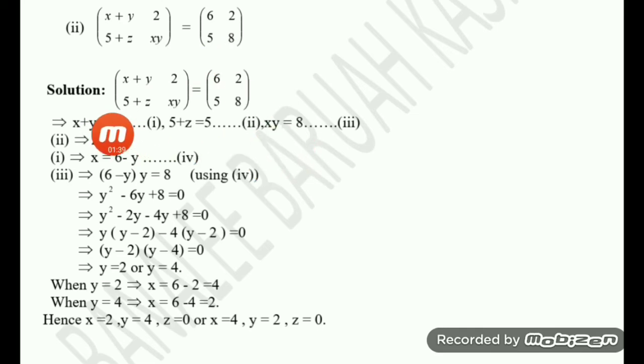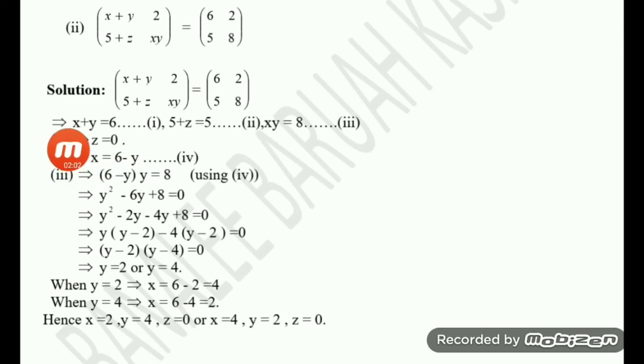So here if you see, these are now ordinary equations, so ordinary equations can be solved. First you see, equation number 2 is simple because it is an equation containing one variable. So it can be solved. If I bring this 5 to the right side, z will be equal to 5 minus 5, which is equal to 0. So we have got z is equal to 0.